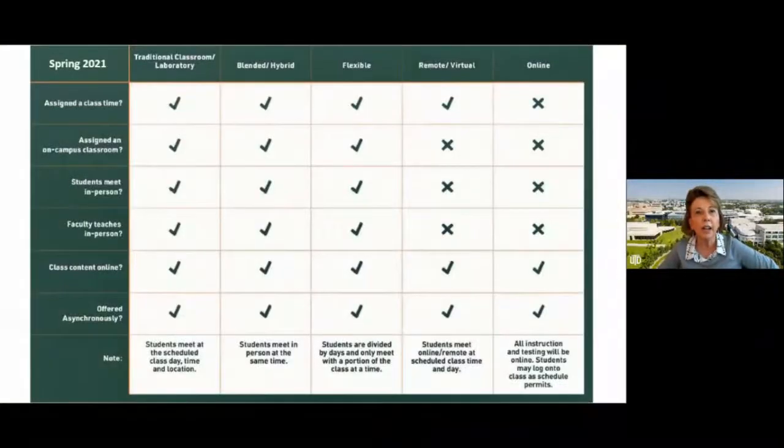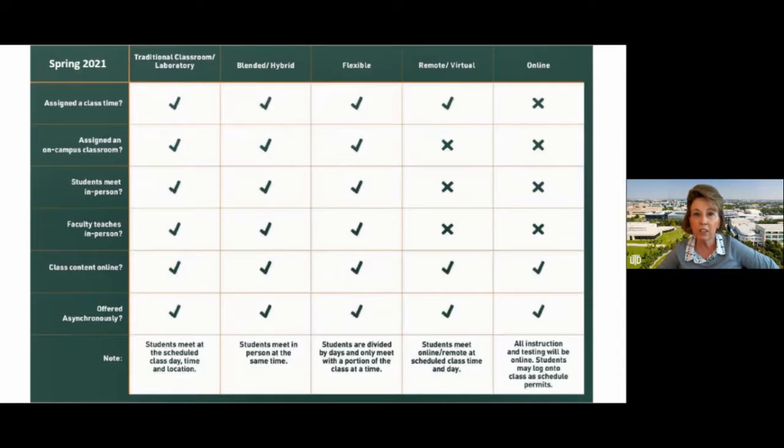So let's talk about the course modality options that you have for your spring 2021 course schedule. For all of you that deferred your enrollment, these options are going to be brand new to you. You've probably never heard of universities offering this many options for a student.